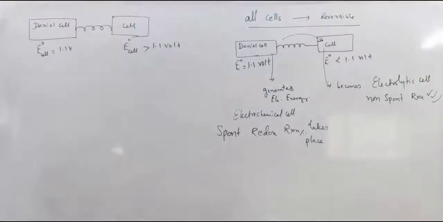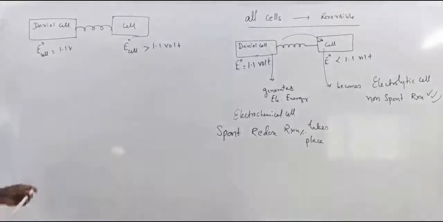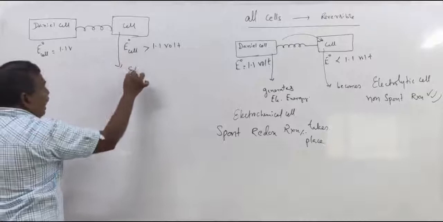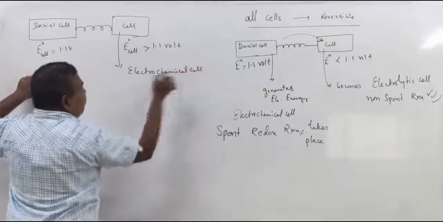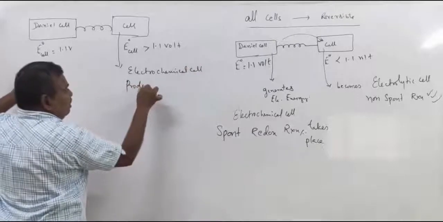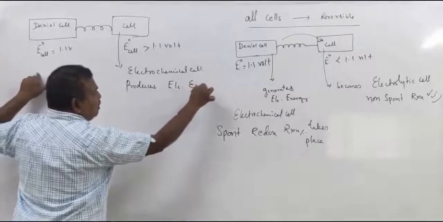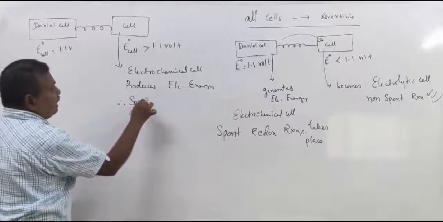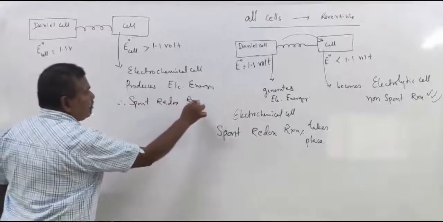So here the Daniell cell is connected to another battery which has a higher EMF value than this. Therefore, now this cell is an electrochemical cell producing electrical energy, so a spontaneous redox reaction takes place.